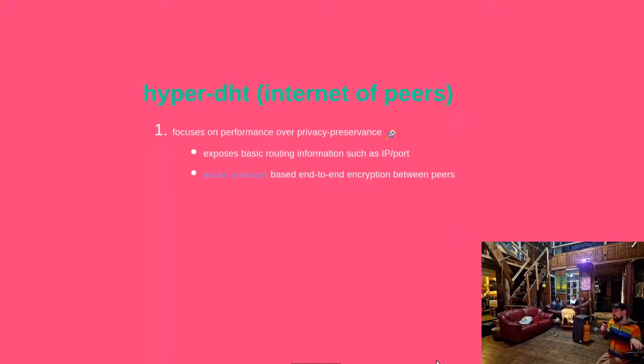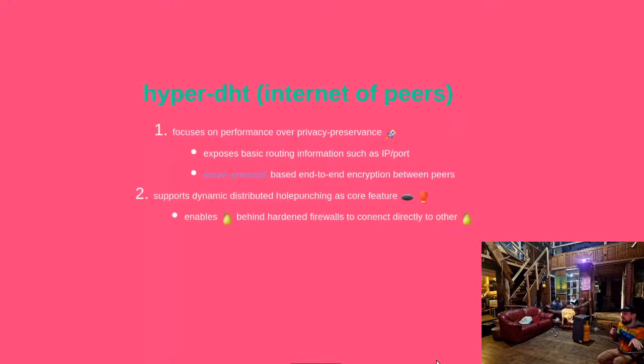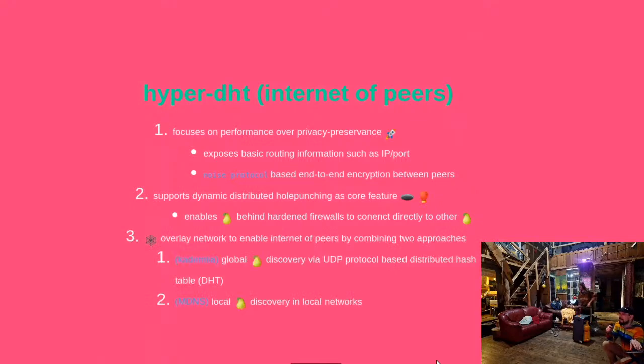But it uses the Noise protocol to have end-to-end encrypted connections between peers. It supports dynamic distributed hole punching as a core feature, which means it enables peers behind hardened firewalls to connect directly to each other. And also, like I mentioned, it's an overlay network.